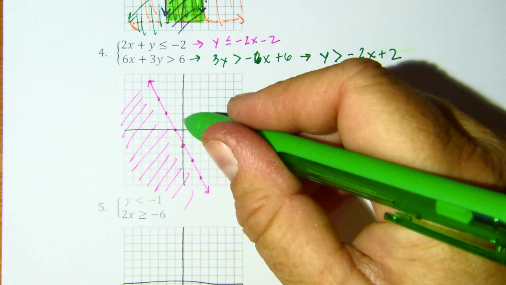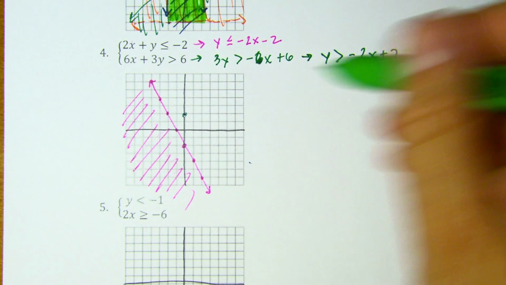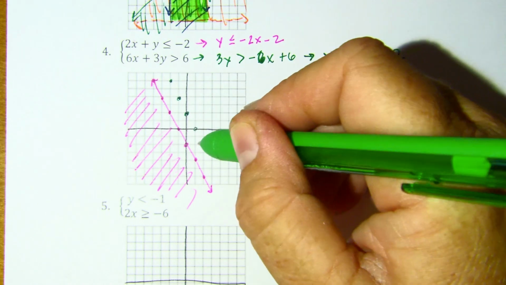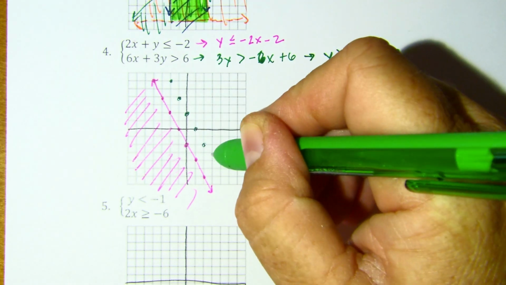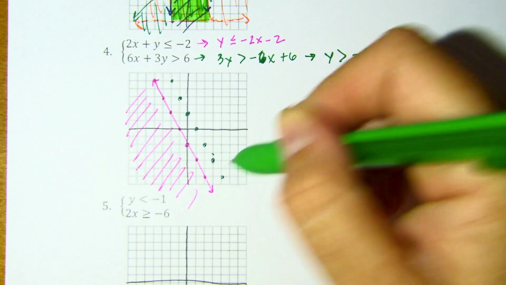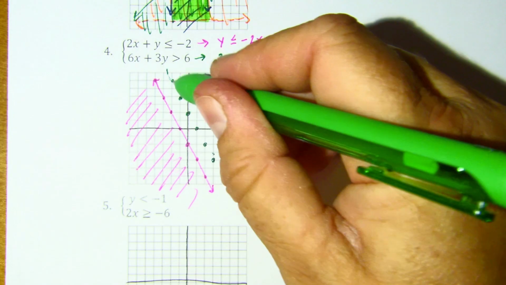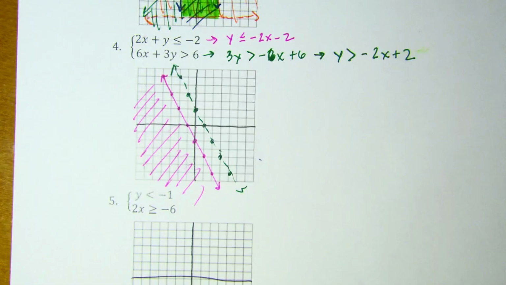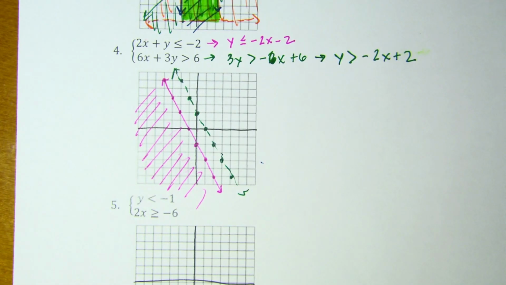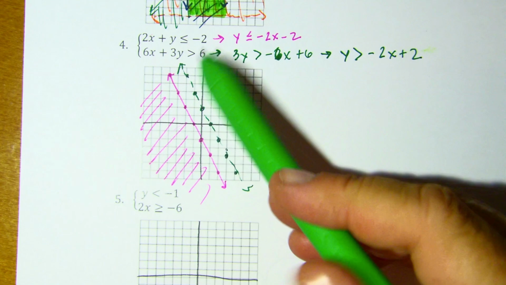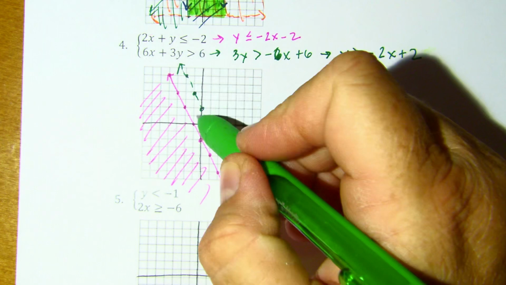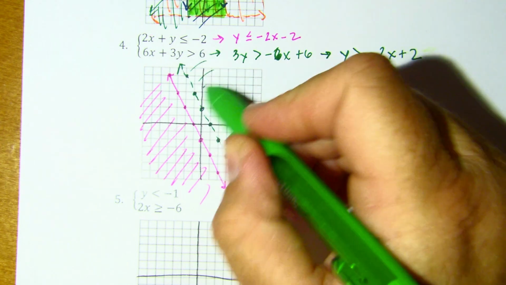So now I have a y-intercept of positive 2 and a slope of negative 2. Notice those are the same slope. That means these lines are parallel. And this would be a dashed line here because there's no equal to sign. And again, it does not go through 0, 0, so I can use that as my test point again. 0 and 0, 0 is greater than 6. Well, that's not true. So we're shading on the opposite side from the test point.